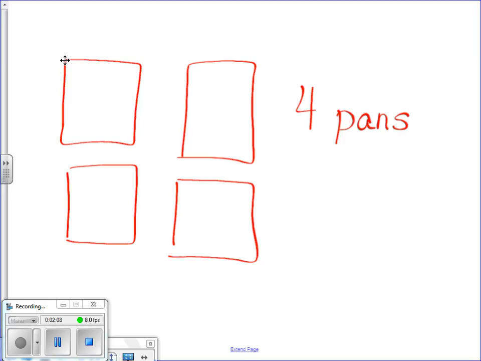So she had 4 pans. Half of these she left at home. Exactly. So these she brought to school, and these she left at home.